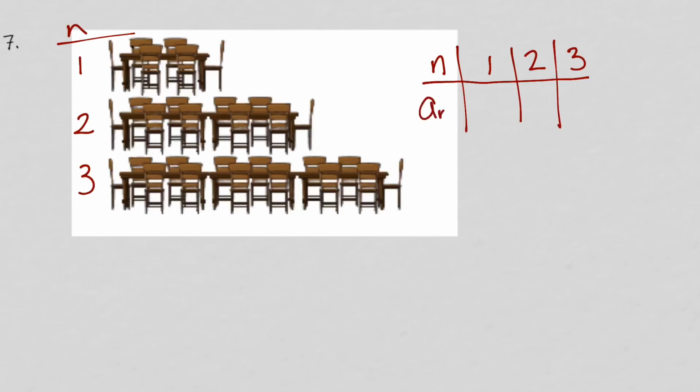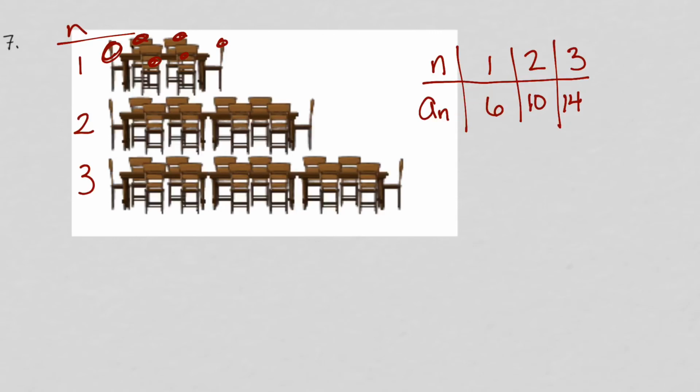And so our a_n is how many chairs are at each table. So we have 1 chair, 2, 3, 4, 5, and 6 at the table. So the first one is 6. We count on the next one, and we have 10. And the third set, we have 14. All right, so our sequence is really 6, 10, 14.